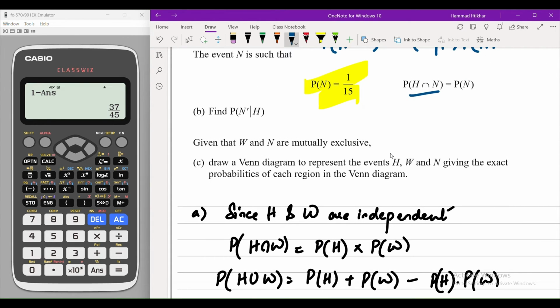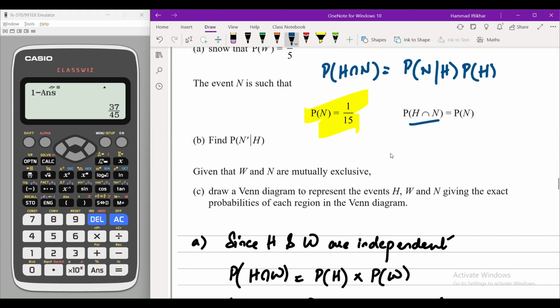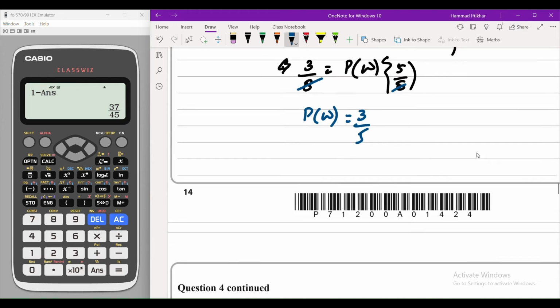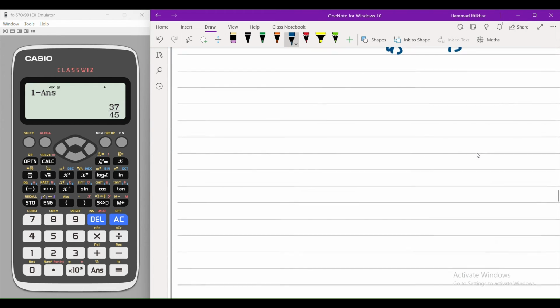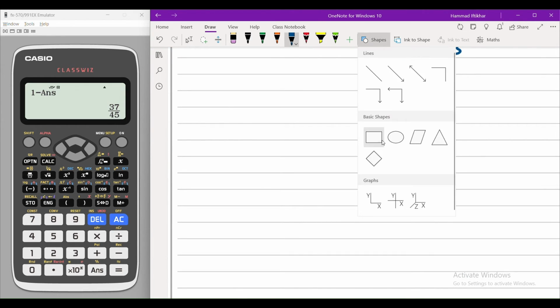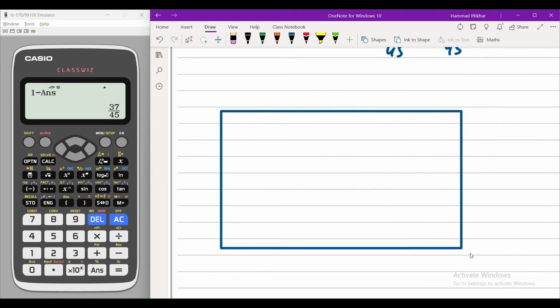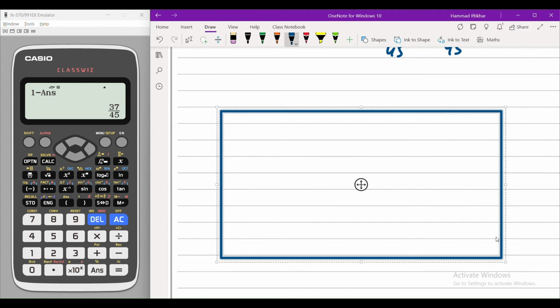Given that W and N are mutually exclusive, probability of W intersection N is 0. Draw a Venn diagram to represent the events H, W, and N, giving the exact probabilities of each region in the diagram. Right, so let's draw a Venn diagram.